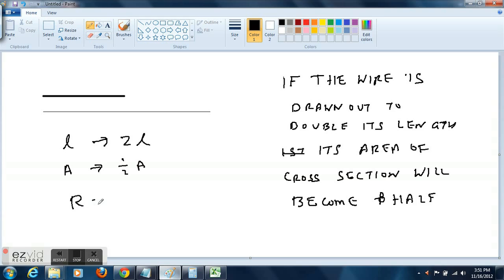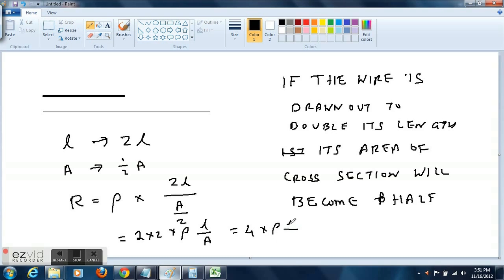Then what is the value of resistance? It will be rho into length. Length has become 2L now, and area A has become A by 2. So this becomes 2 into 2 into rho into L upon A. Now rho into L upon A is the original resistance, say it is R. So the resistance will become 4 times the original resistance.